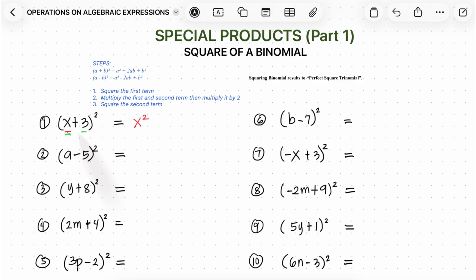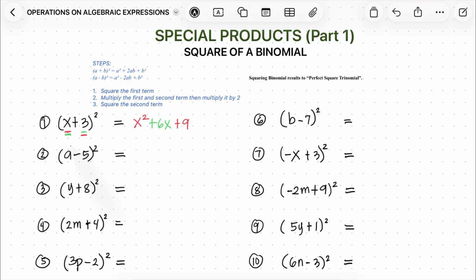And multiply your answer by 2. So 3x times 2, that will give us 6x. And lastly, multiply the second term by itself. So 3 times 3, that is positive 9. So our answer is x squared plus 6x plus 9.